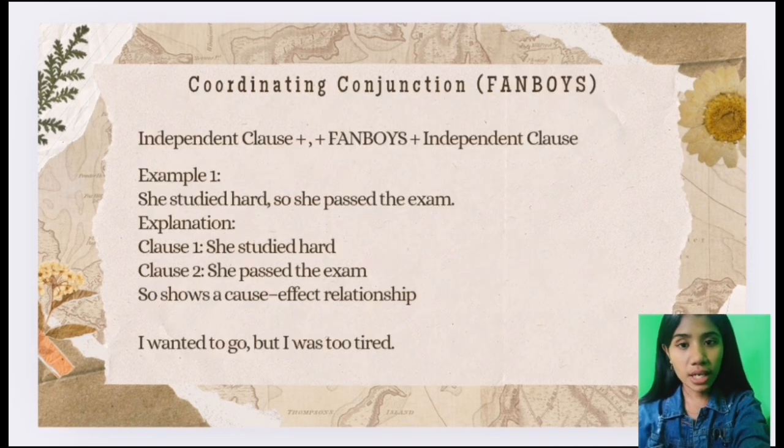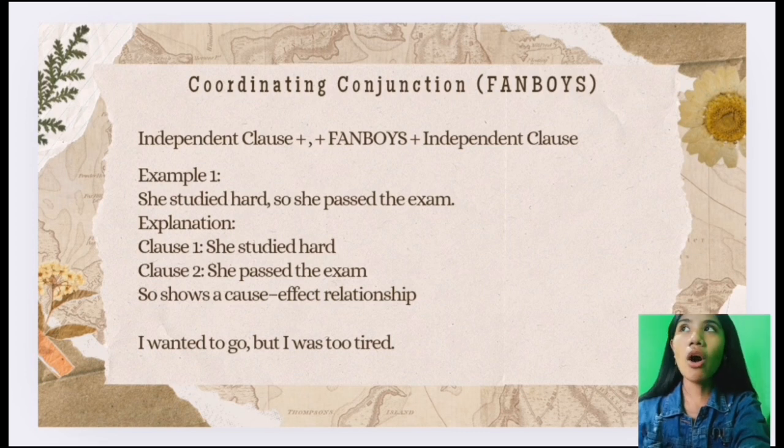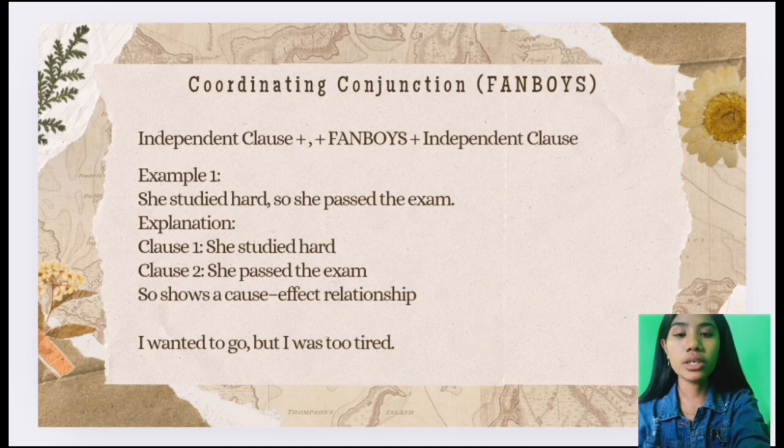Pattern 1, coordinating conjunctions, or FANBOYS. To connect two independent clauses, we often use a coordinating conjunction. Now, the acronym FANBOYS: F is for, A is and, N is nor, B is but, O is or, Y is yet, S is so.